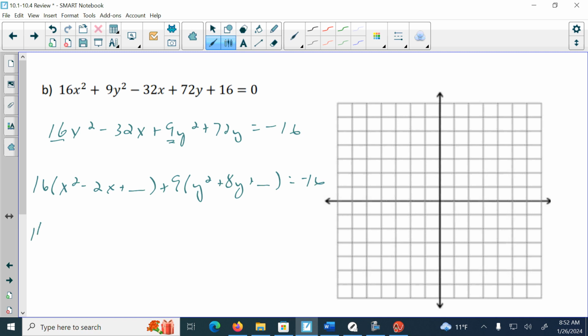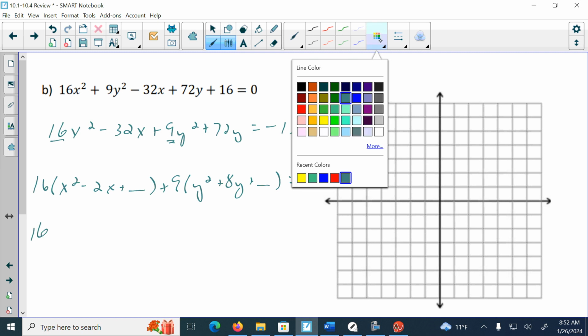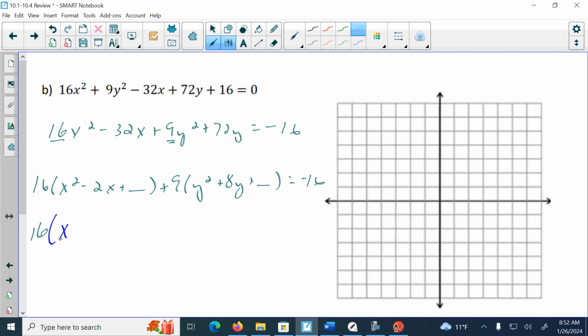Now I'm going to complete the square. When I complete the square, I'm going to do x. This is a minus sign, so I'm copying down the minus sign. Half of 2 is 1. 1 squared is 1, but I'm really adding 16 times 1, so I'm really adding 16. When I do the other one, the y, this is a plus sign, so I'm copying down that plus sign.